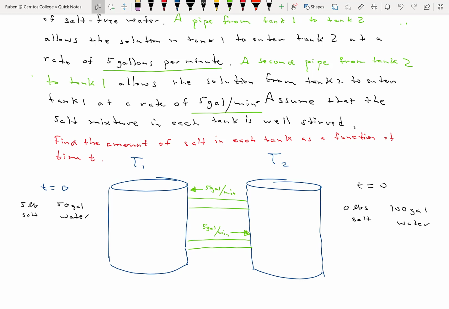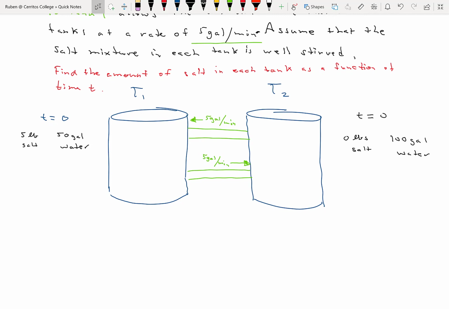I think you're going to find this problem not as complicated as it looks to begin with, especially if you're okay with the mixture problems we did before. I think the setup here is actually simpler than some of the work you've done before. We want the amount of salt, pounds of salt, in each tank as a function of time.